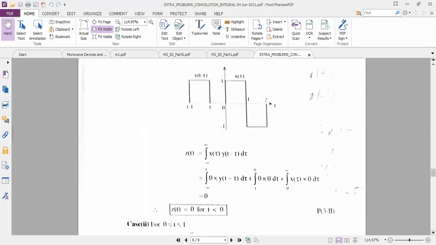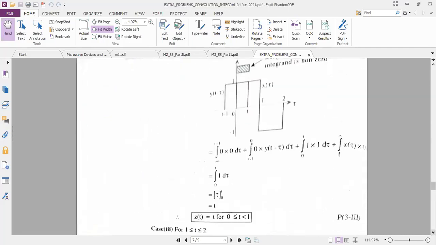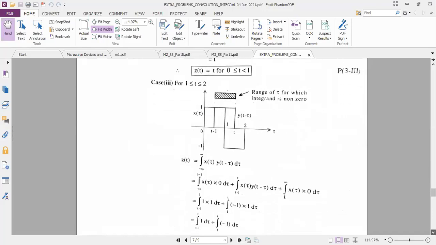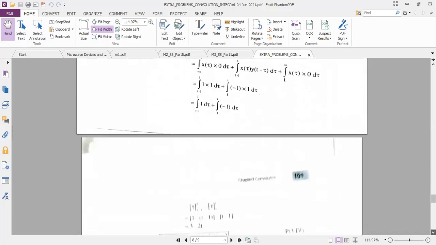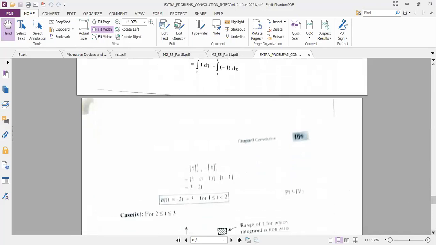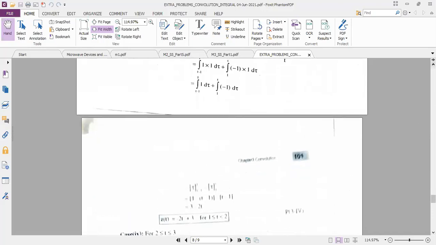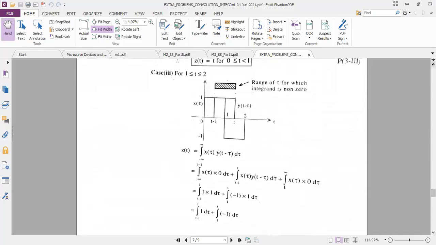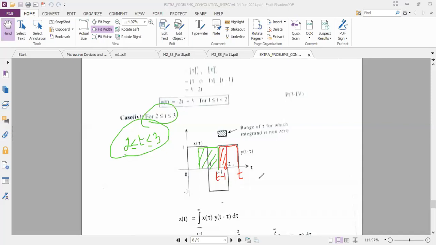Has anyone completed? It is 1 to 2. T minus 1 to 2.